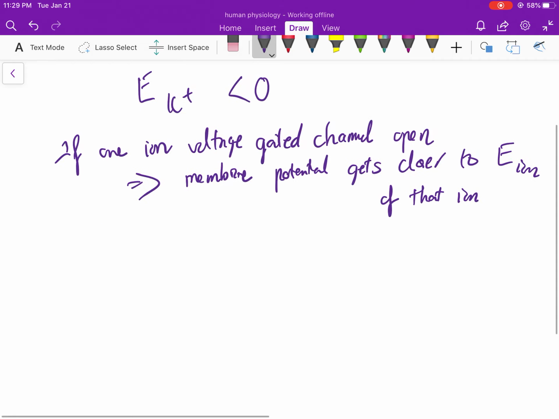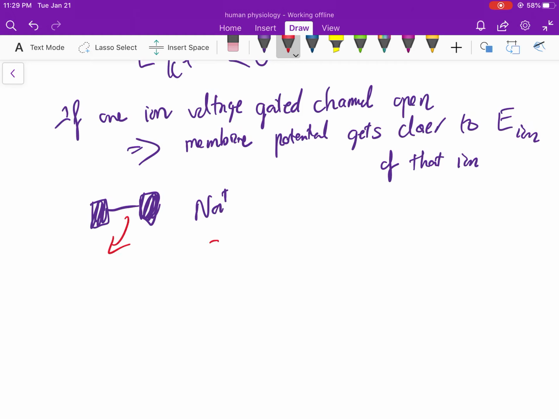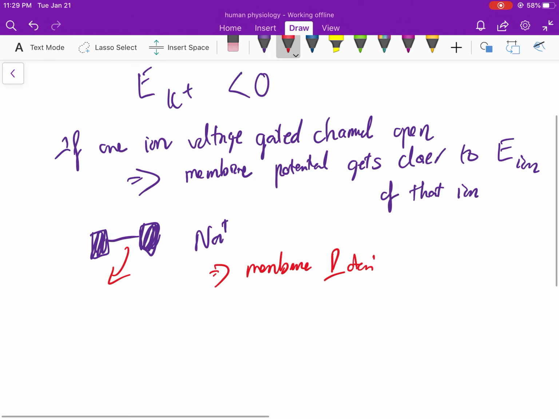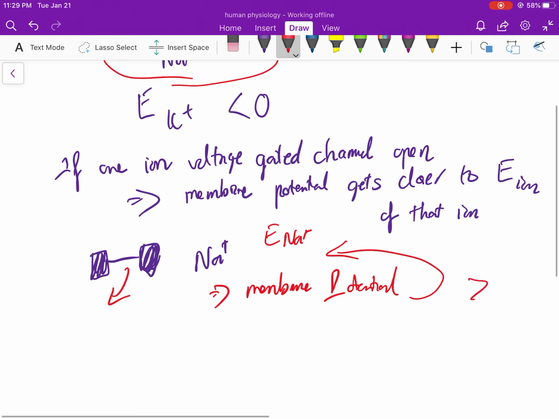So in this case, for example, if we have a voltage gated channel of sodium and this gate opens, then our membrane potential will get closer to the E of Na plus, meaning that it wants to be positive, right? So it will become positive.